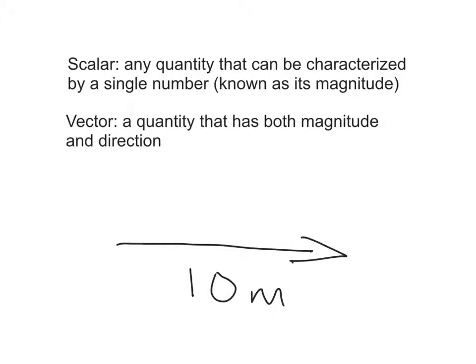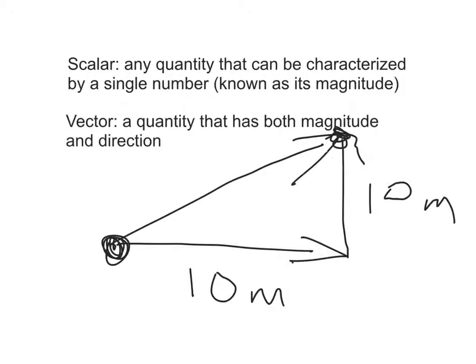And then we could go 10 meters up. And we would have a complete displacement would be the distance from our starting point to our stopping point, and this would be our displacement along the entire path. The straight line distance from your starting point to your stopping point.